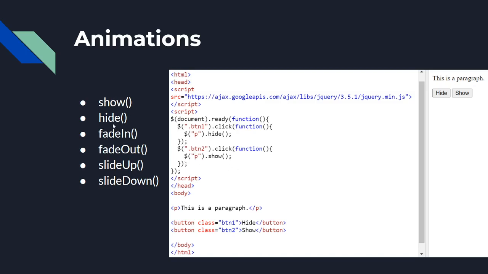So show and hide, fade in, fade out, slide up, slide down. If you've used programs like Google Slides or PowerPoint, you will know that you can animate text or images in your presentation, right? So these are the commands that will do the same on your website.